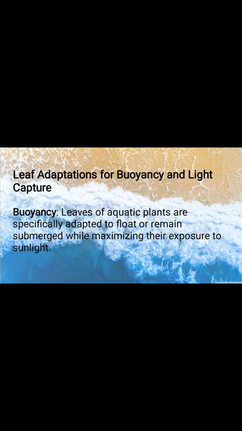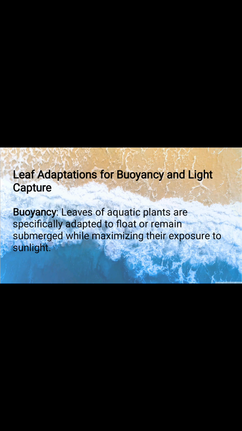Thanks, John Lloyd. Now let's talk about leaf adaptation for buoyancy and light capture. Aquatic plants have evolved some truly unique leaf structures to help them float, capture sunlight, and thrive in underwater environments.